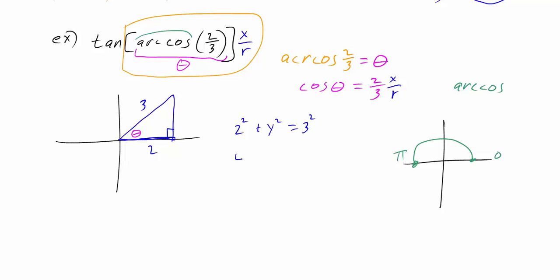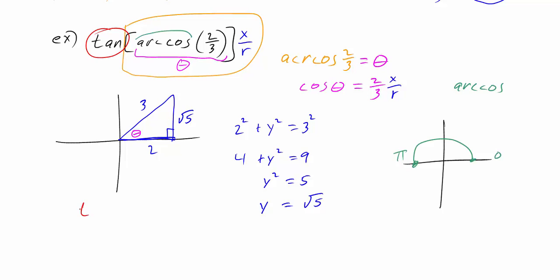Then we end up with 4 plus y squared equals 9. So y squared is equal to 5. If we take the square root, that's going to be the square root of 5. And because this is our y value going up into the first quadrant, it must be a positive square root of 5.